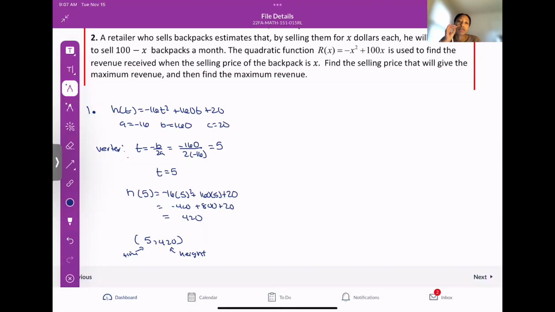So if they're selling the backpack at x dollars and they expect to sell 100 minus x of them, when you multiply those two things together, the price times the number you sell, that gives you something called revenue. So this is the revenue function, negative x squared plus 100x. Find the selling price that will give the maximum revenue and find the maximum revenue.